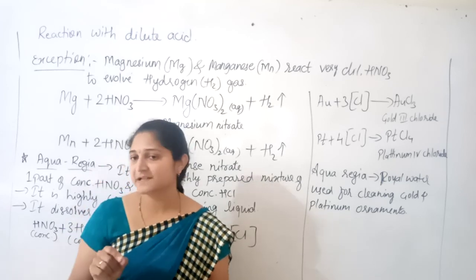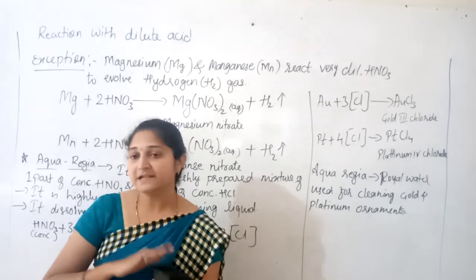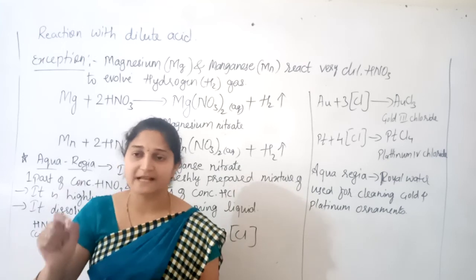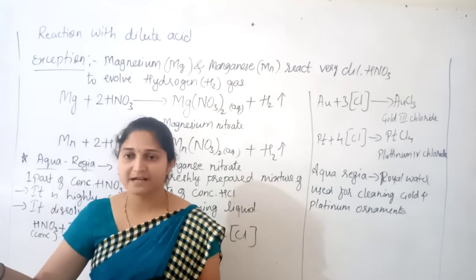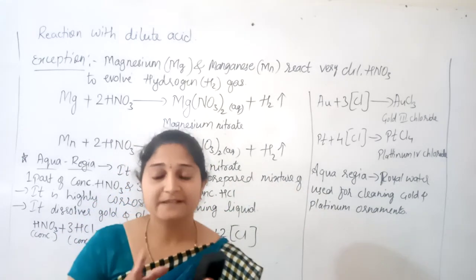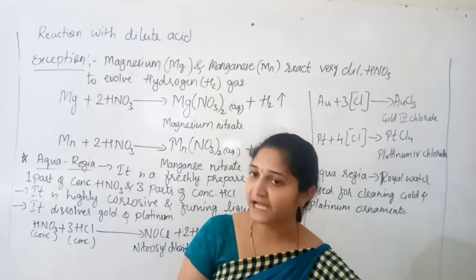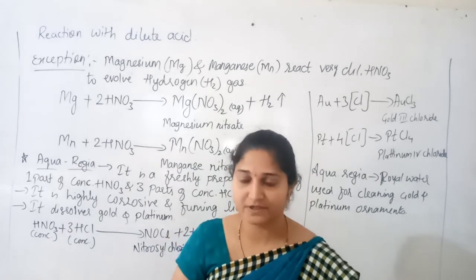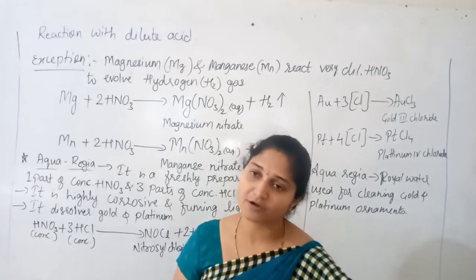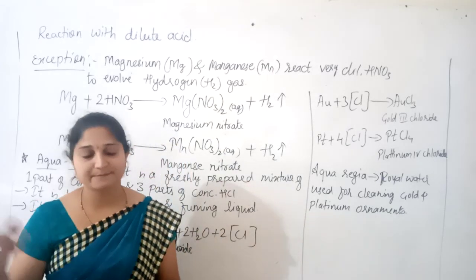When zinc dust is placed in copper sulfate solution, it reacts and forms zinc sulfate, and copper metal is liberated. So the more reactive metal displaces the less reactive metal in a salt solution to produce the respective metal salt and metal. That reaction we call a displacement reaction.